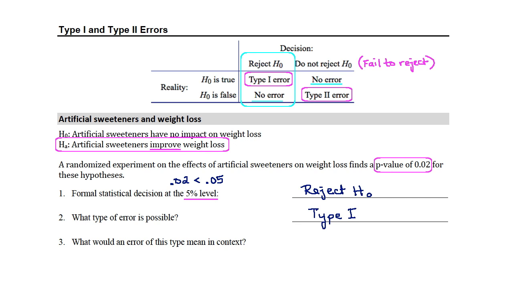Now, describing what an error of this type means in context requires two components. The two components are that we reject the null hypothesis. We need to say that in context. And that, in fact, the null hypothesis is true. So we need to also say that in context.